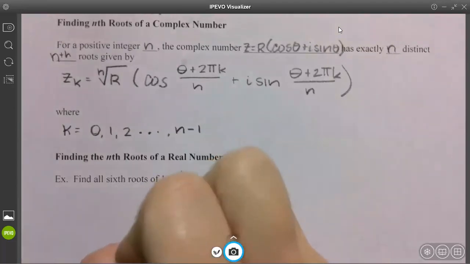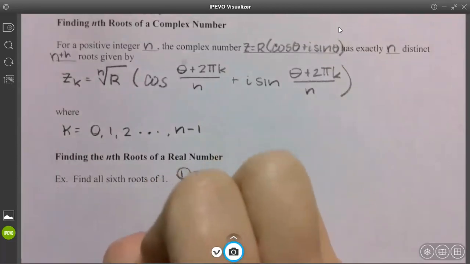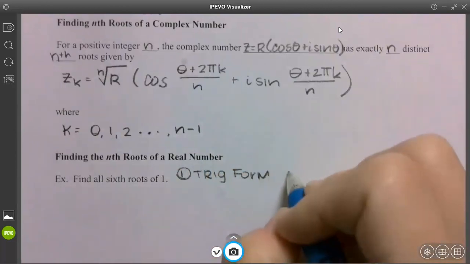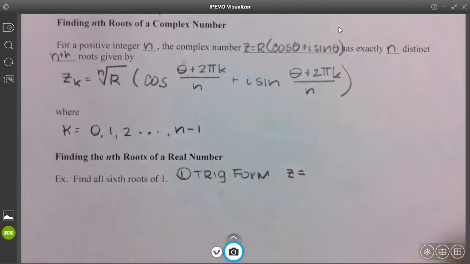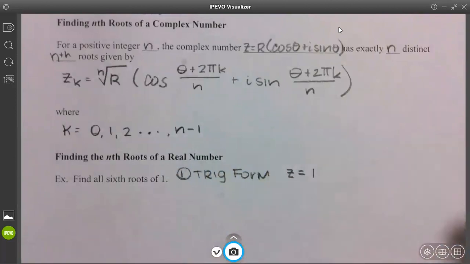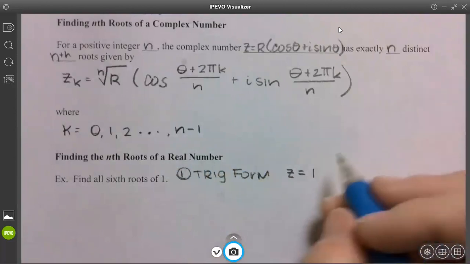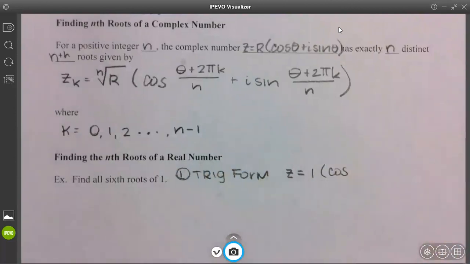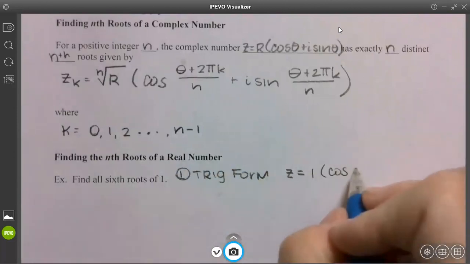So the first thing that we want to do is put it in trig form. So z equals 1 times cosine 0 plus i sine 0.